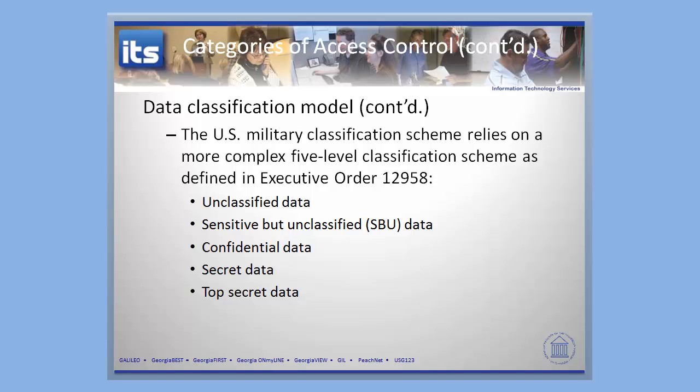Within the University System of Georgia, we actually use a much more simple model. We use open records. There's a law in Georgia that says most data should be available to the public, so it's an open records law, and our data classification scheme is based on Tier 1 being everything that is subject to open records.